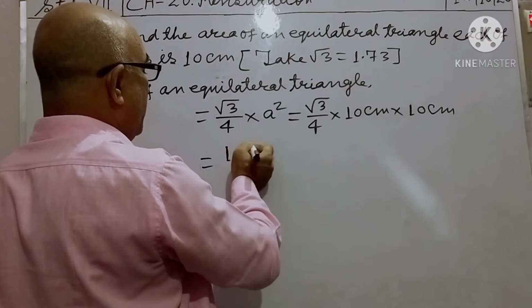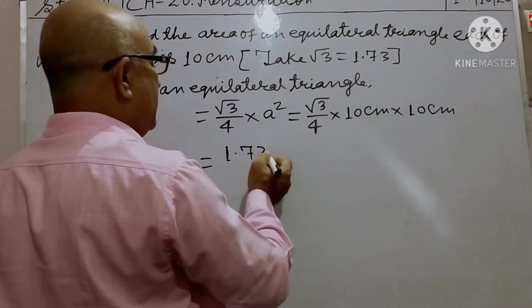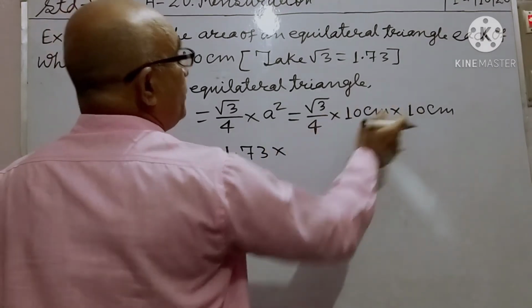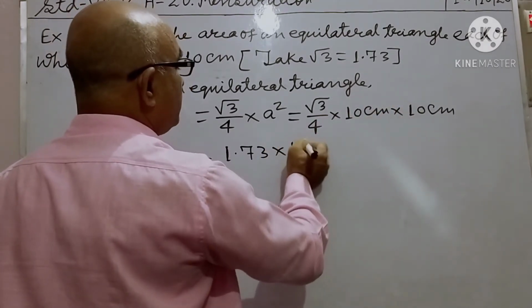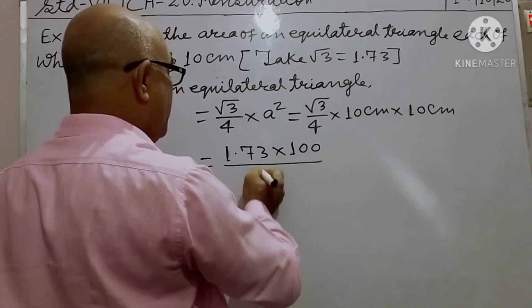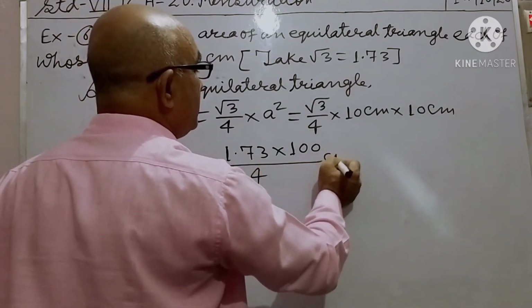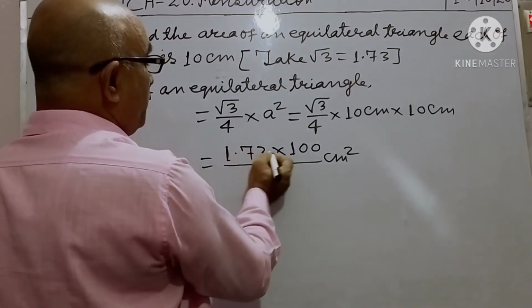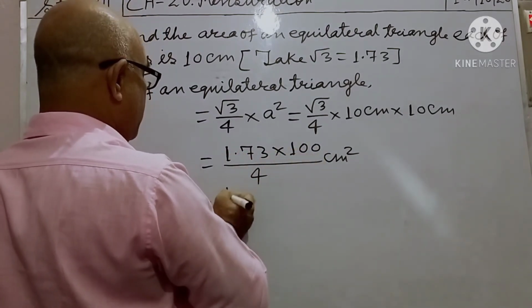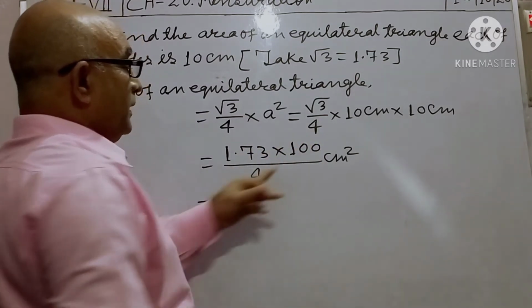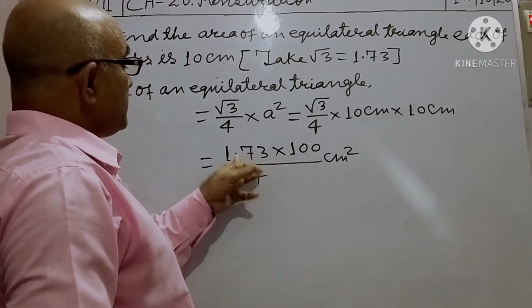So 1.73 into 10 into 10, 100 by 4 cm into cm, cm square equal to 1.73 into 100 by 4. 1.73 multiplied by 100, then its decimal is removed.